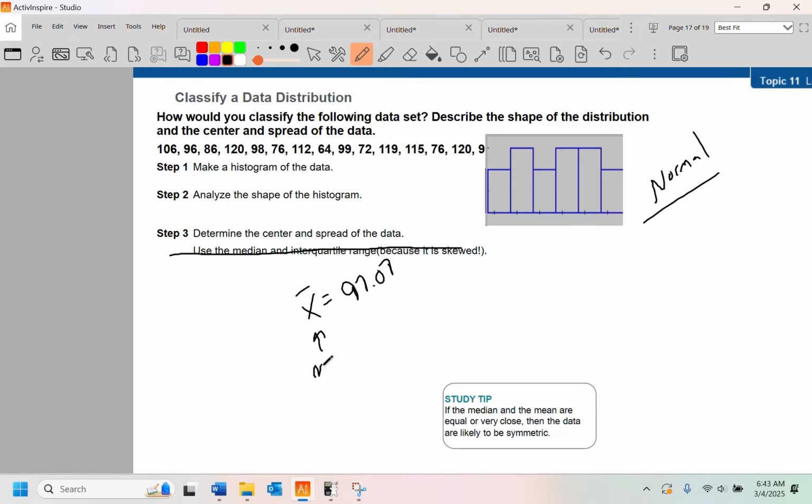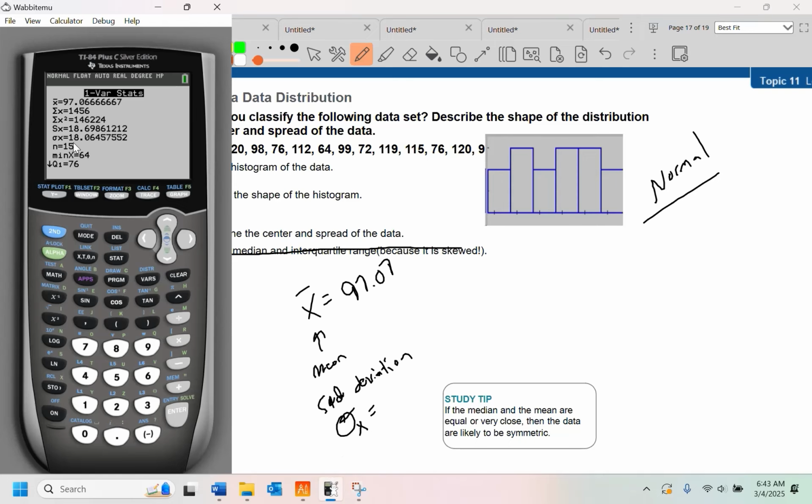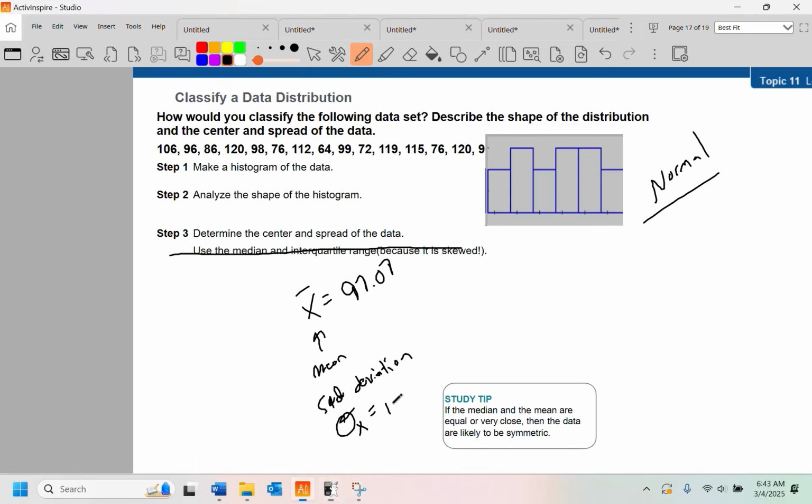And X bar is your mean. Okay, that's why I'm using it. Standard deviation, which your calculator calls sigma of X, is 18.06.